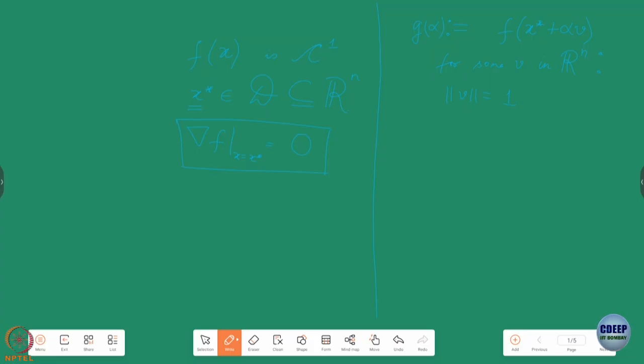All right. Now that we are in the domain of a scalar, or function of a scalar, what can we say about g? Can we not write the following?